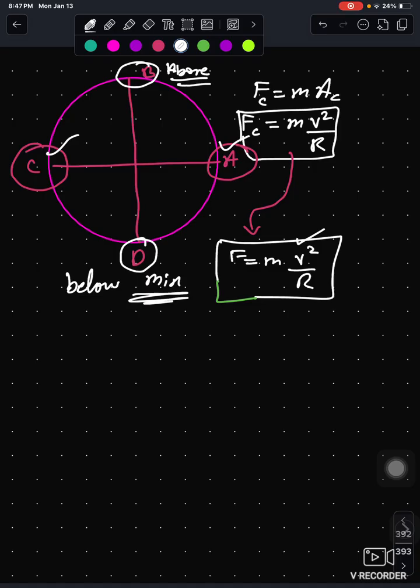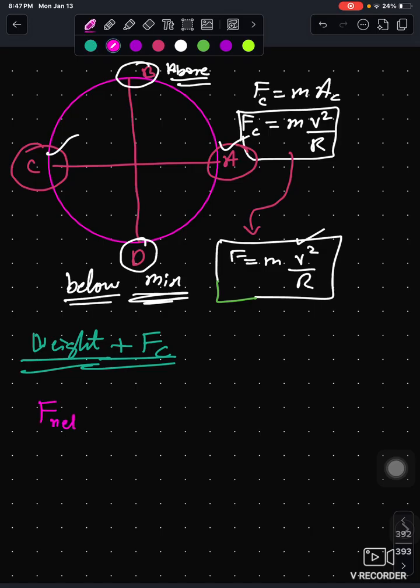when we talk about them above and below, we add one more force, which is known as weight. Weight plus the centrifugal force. Now how will I write it?